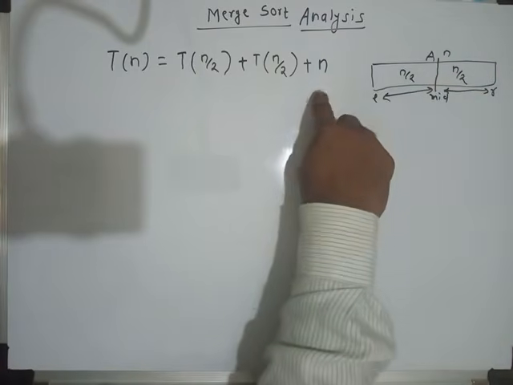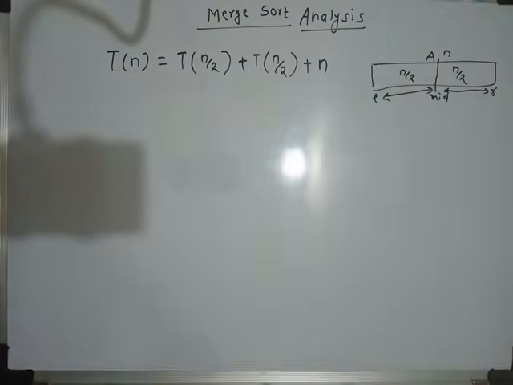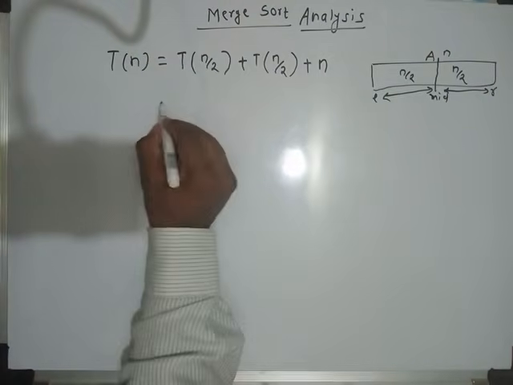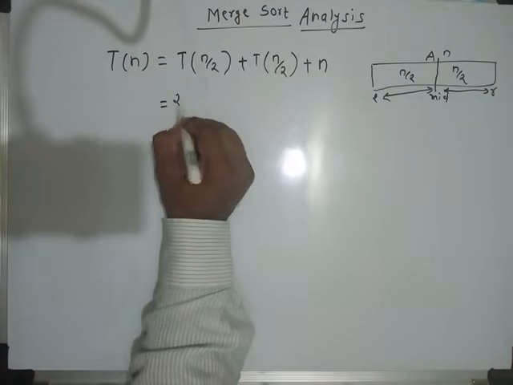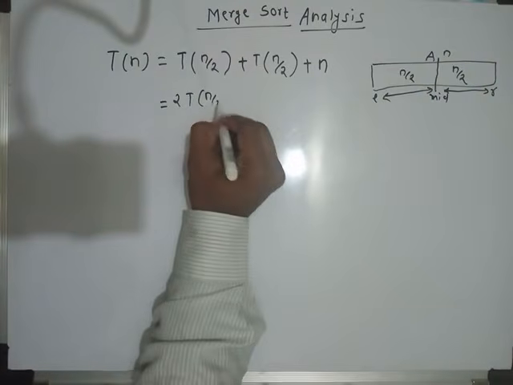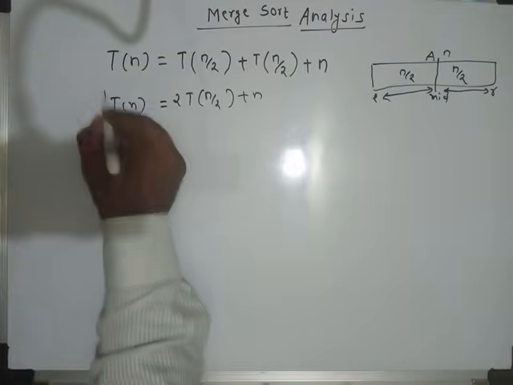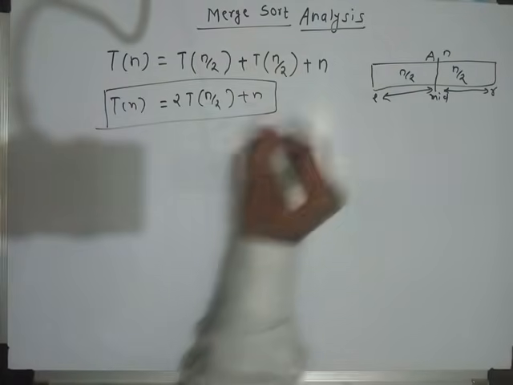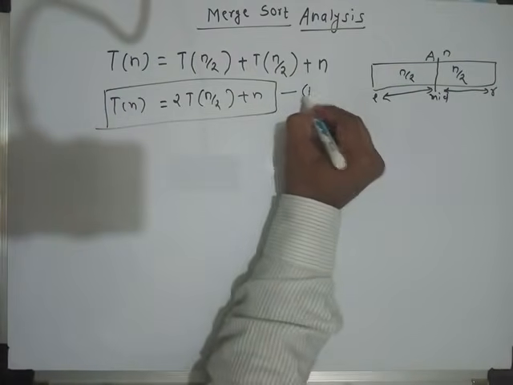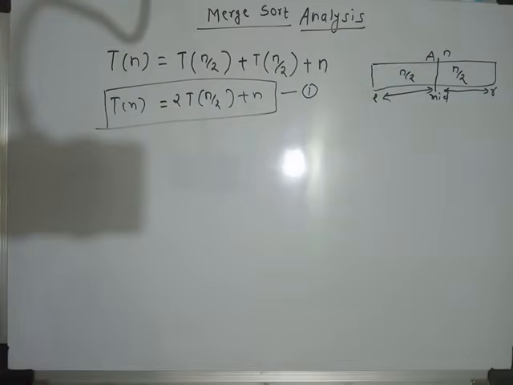That time will be roughly equal to n if we do this computation. That's how I get the recurrence. If I rewrite it, t of n is equal to twice t of n by 2 plus n. This is equation 1, and this is the recurrence for merge sort.